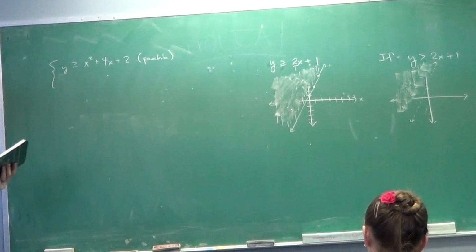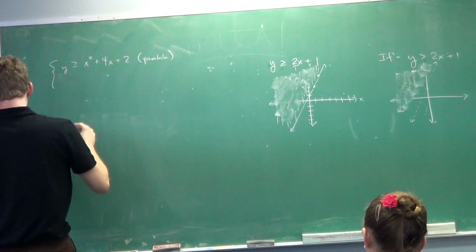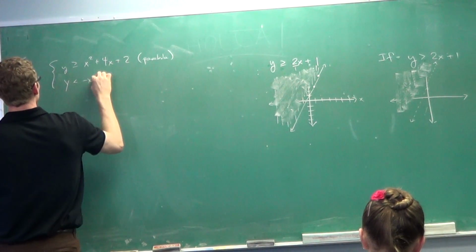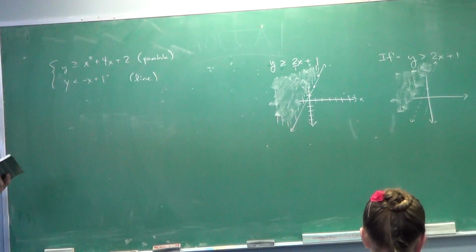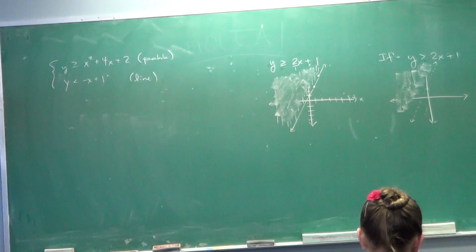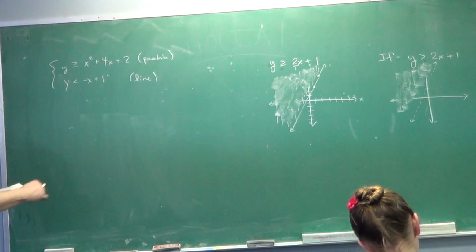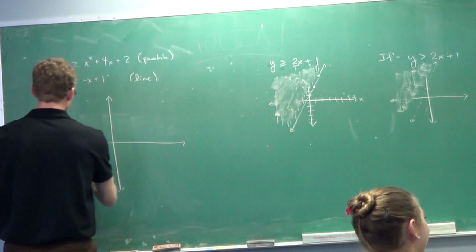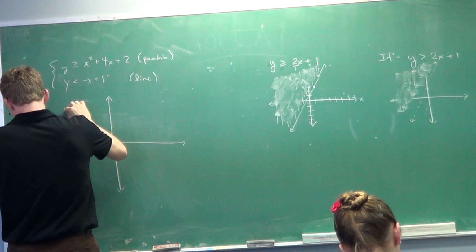So you know the parabola is that graph. They'll also say y is less than negative x plus 1, and in parentheses, they'll say line, in case you forgot that lines are like y equals mx plus b. And then what they will have is a picture of the graphs. And it looks something like this.